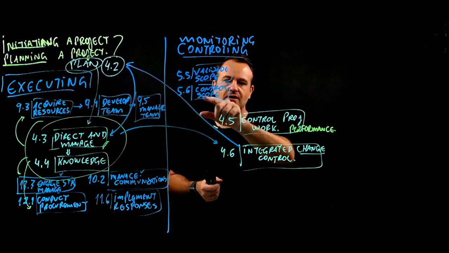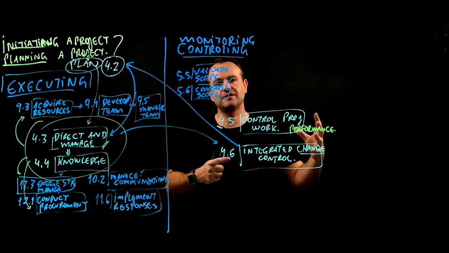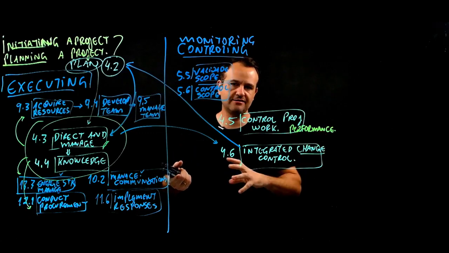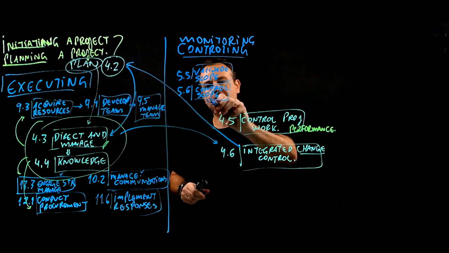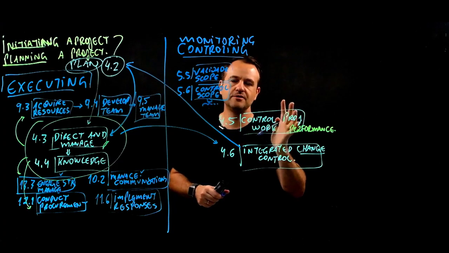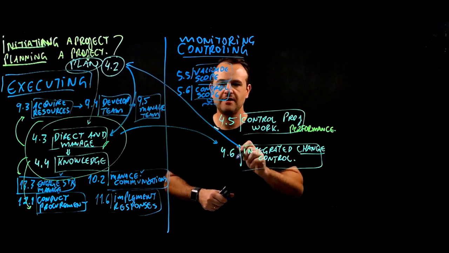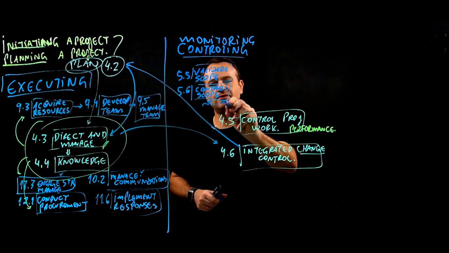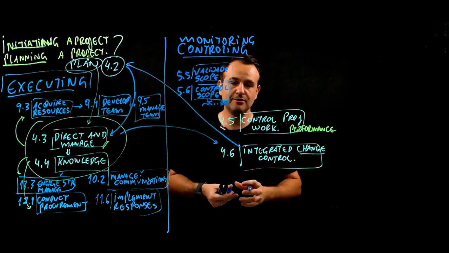Scope control or control scope means we are not doing more deliverables than we should, neither less deliverables than we should. You should have completed work package 1, 2, 3, 4. You just concluded 2. So you are behind in scope. This is scope control. You are creating new work packages that are not part of the WBS.